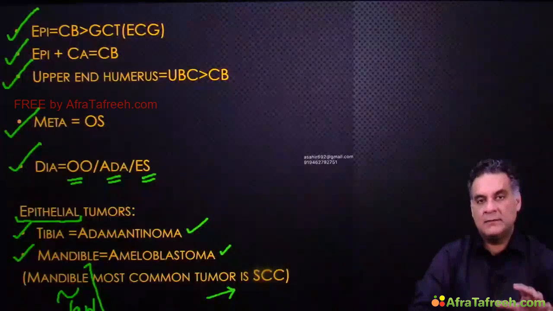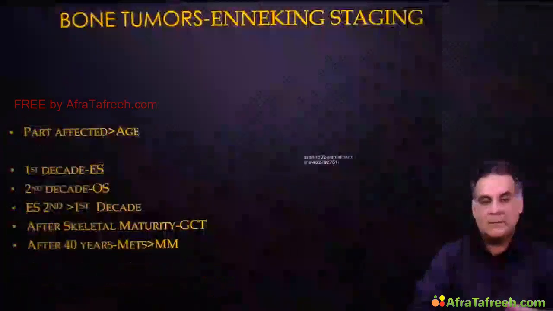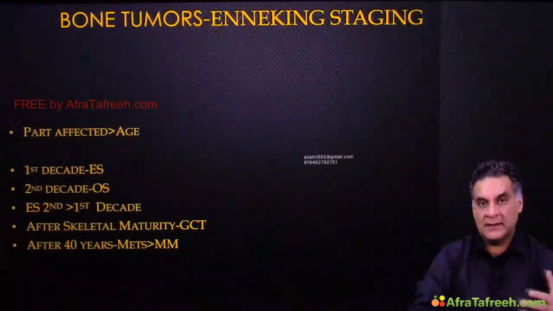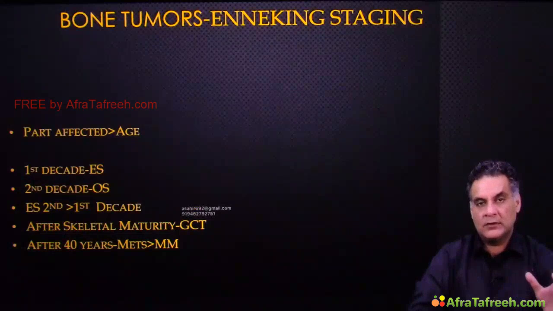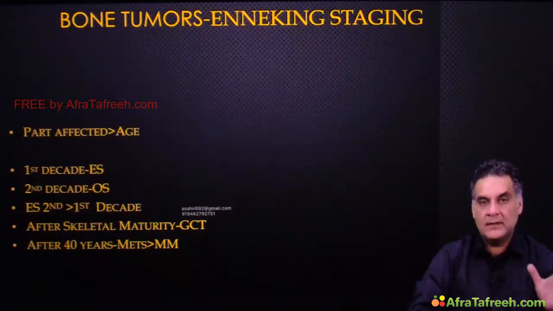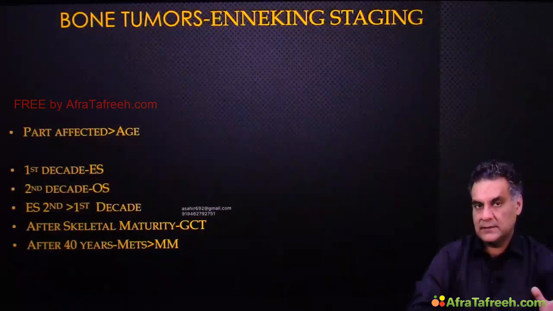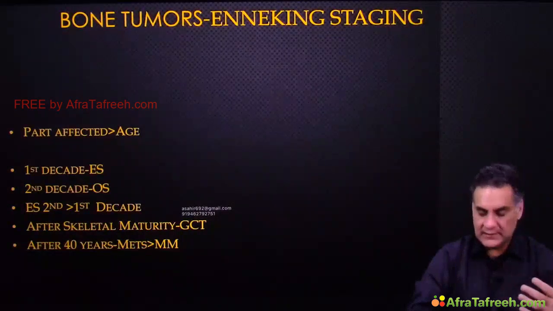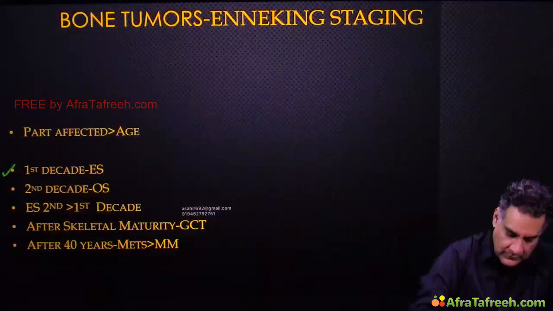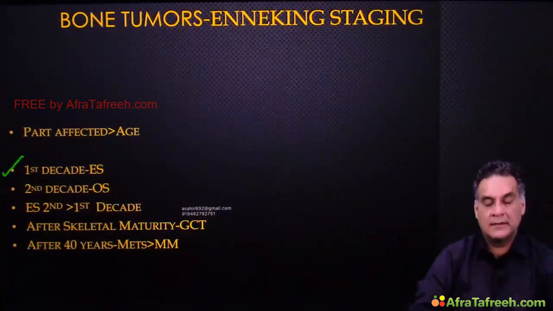This is a very, very important page. The man who classified bone tumors was King. Remember this name. Also remember in the tumors, part affected is more important than the age. But if they talk about the age, first decade of life, Ewing sarcoma.